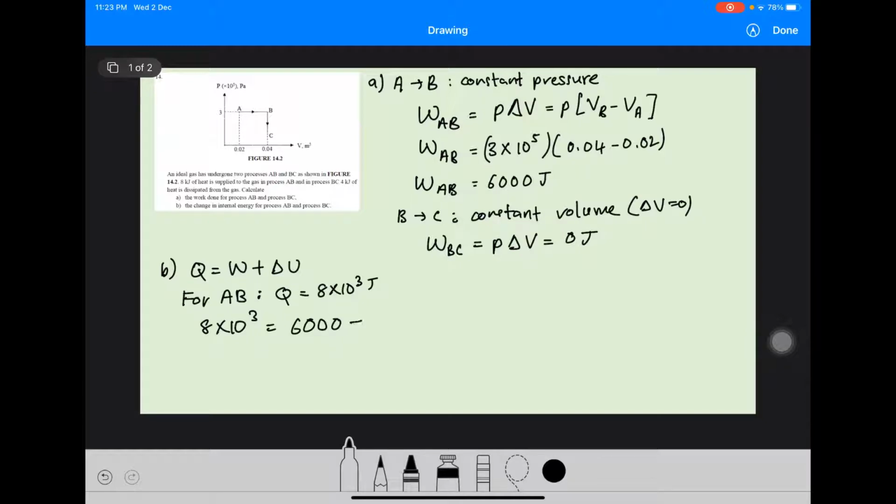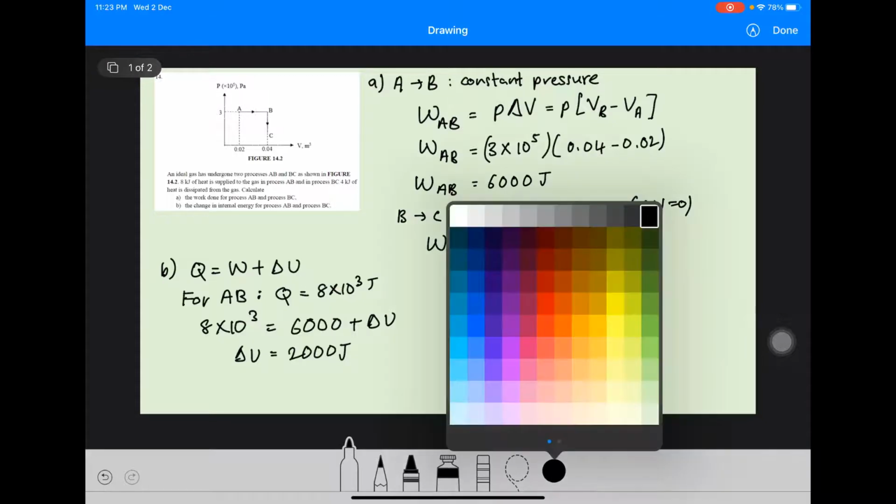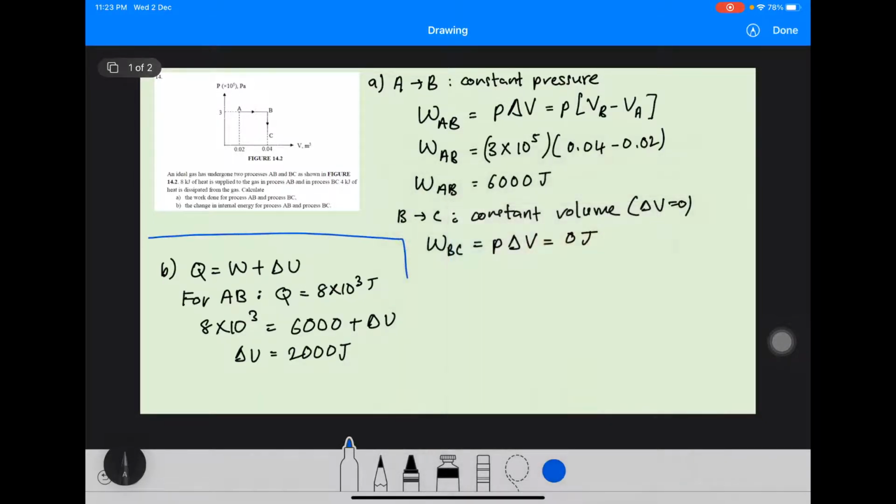Over here, both of these are positive. So delta U is 8,000 minus 6,000, which is 2,000 joule. The last part, maybe I can write it over here. Let's divide this part a little bit.